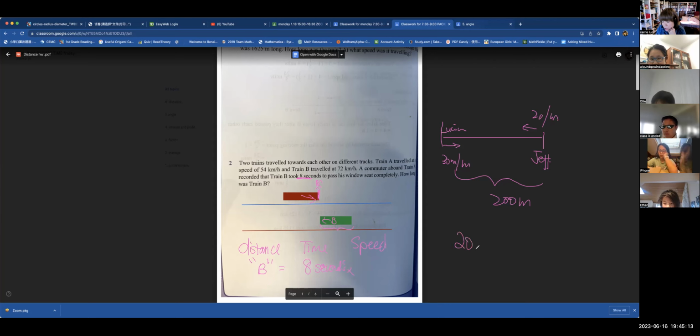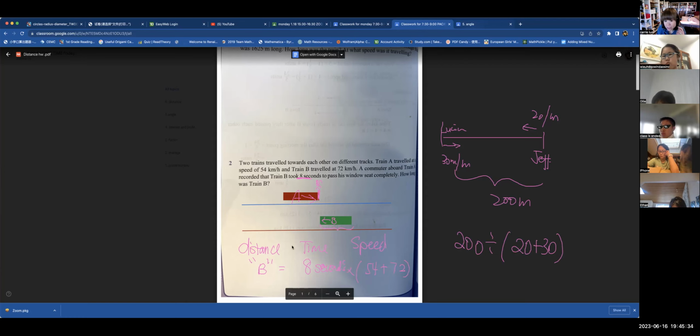It's 200 divided by 20 plus 30. Correct, everybody? Okay, so now it's the same thing. When train A and train B are heading to each other, the speed is 54 plus 72. Get it, everybody?